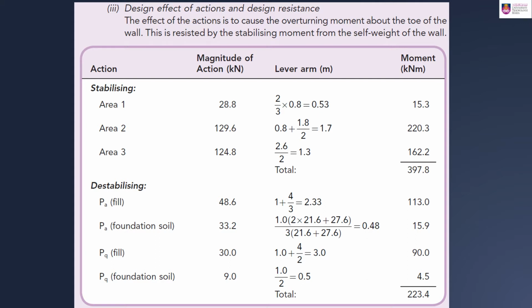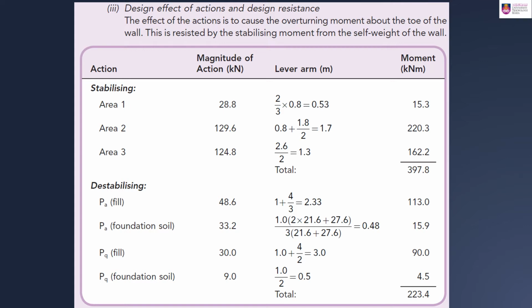So again, you can see that area 1, area 2 and area 3 of the gravity wall are considered as stabilizing actions, and the magnitude of the action is as given here, and then the lever arm is taken as the perpendicular distance to the toe of the wall: 0.53 for area 1, 1.7 for area 2, and 1.3 for area 3 respectively, and the moment is equal to the action magnitude times the lever arm.